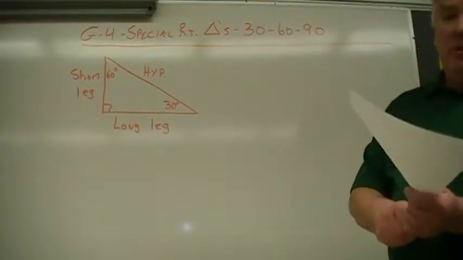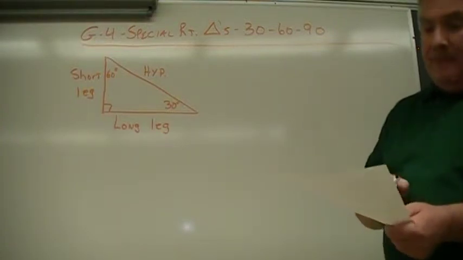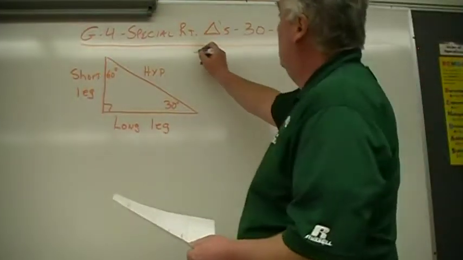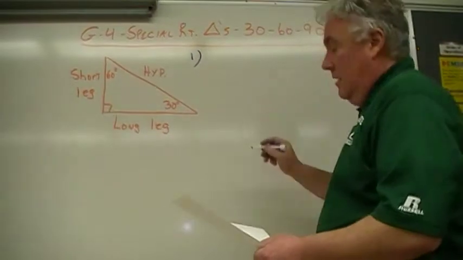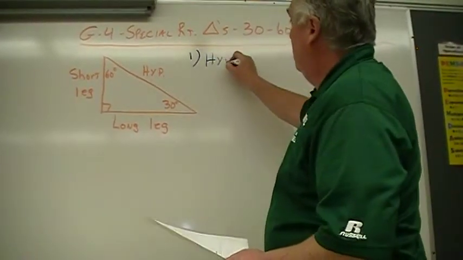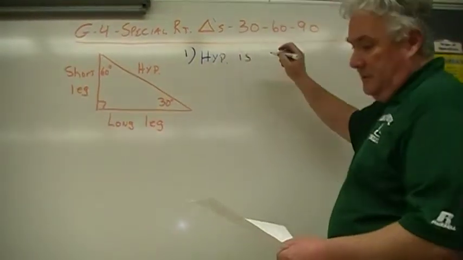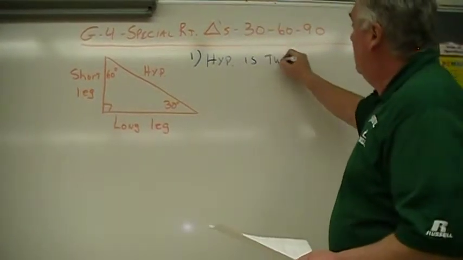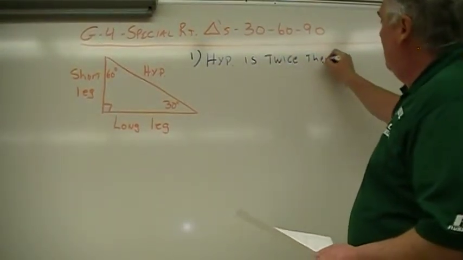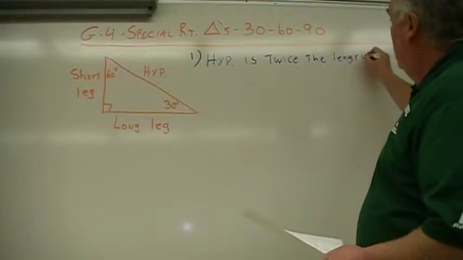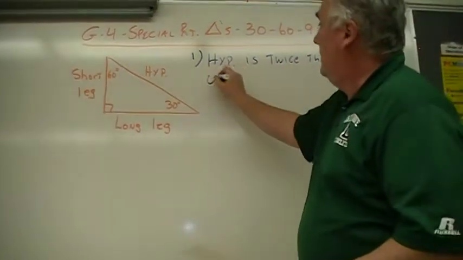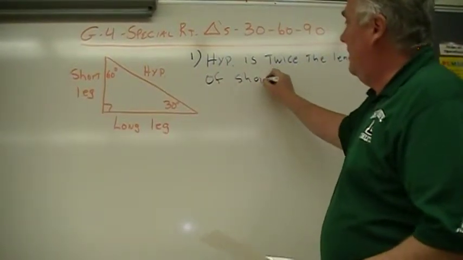We've got a couple of rules that we're going to apply today. Rule number one. Hypotenuse is twice the length of the shorter leg.